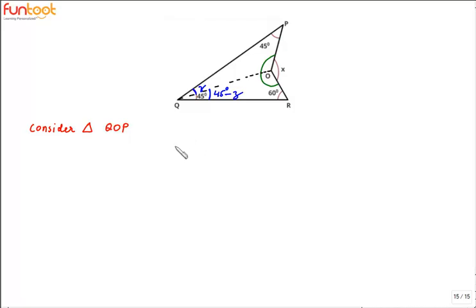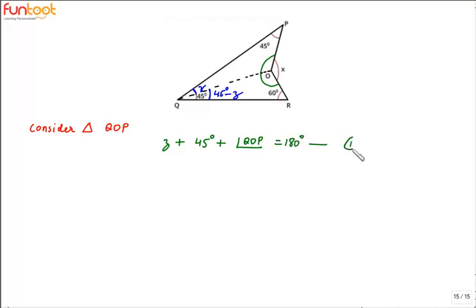So by angle sum property in triangle QOP, we will have the angles of triangle QOP are, as we have supposed this is our angle Z, plus this angle here is QPO, that is 45 degrees, plus one of the angles here which we have split, this is angle QOP.